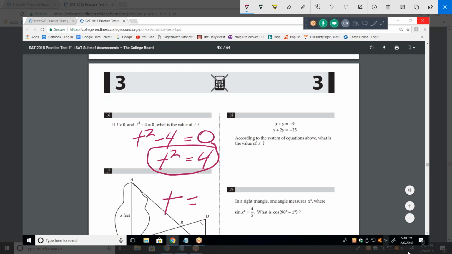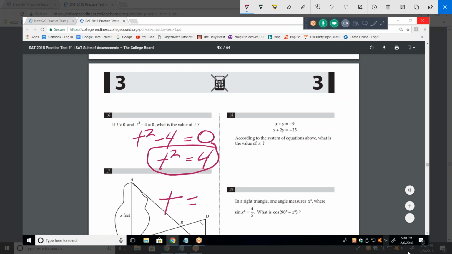When you're solving for a variable, you need the variable on one side and no other of that same variable on the other side. In other words, you want all numbers on the other side if we have an equation that only has one variable. So how do I reduce t squared to t?